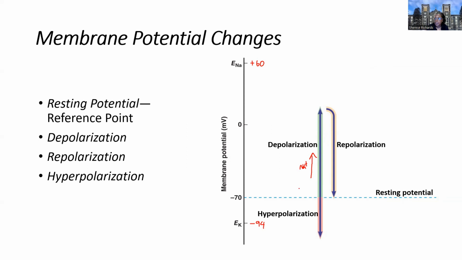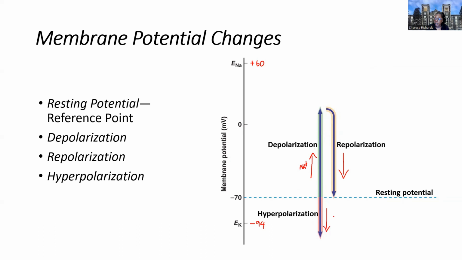For potassium, it's the opposite. So potassium is going to be comfortable when the membrane potential is negative or below rest. And so when we open up potassium channels, potassium will move out of the cell. Again, it's positive. So when it leaves the cell, it's going to help return that membrane potential closer to rest. And in some cases, it's going to go below rest, right?